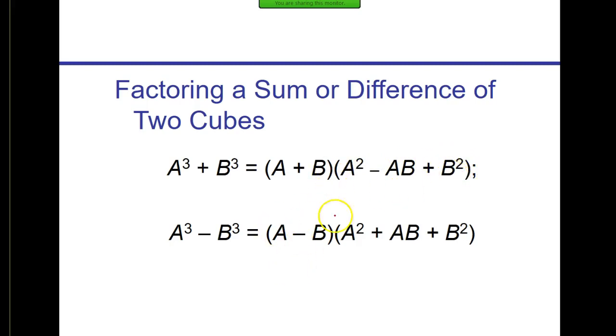The difference is the signs, and the way to remember the signs is a little thing called SOAP. So the first sign is always the same. If this was a plus, now that's a plus. The next sign is the opposite. So this was the same, this is the opposite. So if this was a plus, now it's a minus.